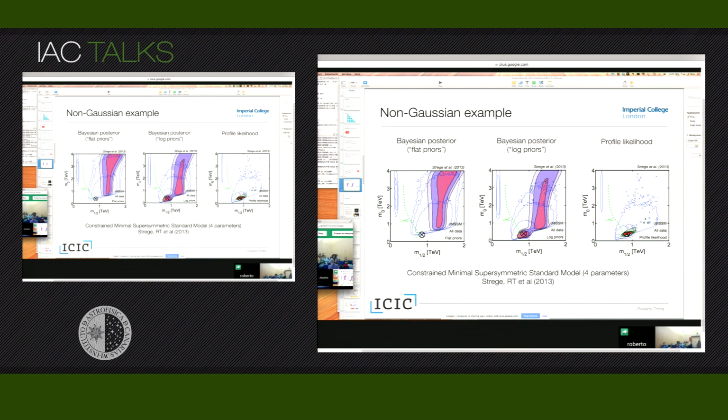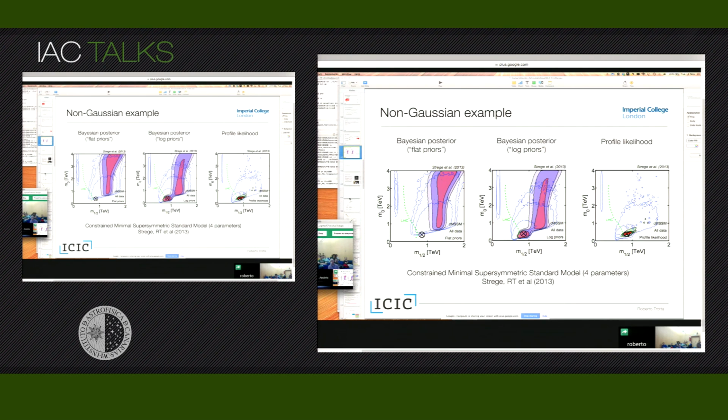In the Bayesian sense, this is very much not the case. In fact, your posterior distribution tells you that most of the posterior mass is out here in a region that the LHC is not going to be able to see. And I still don't know what to do about this problem in terms of which of those results to believe. So anyhow, that's just an example of things that are very non-Gaussian and very nasty.